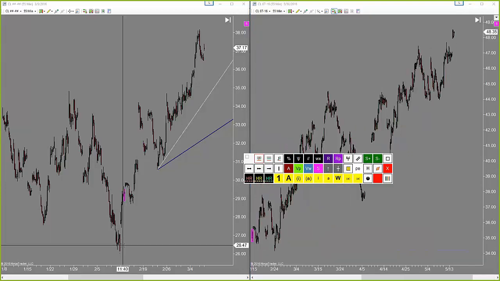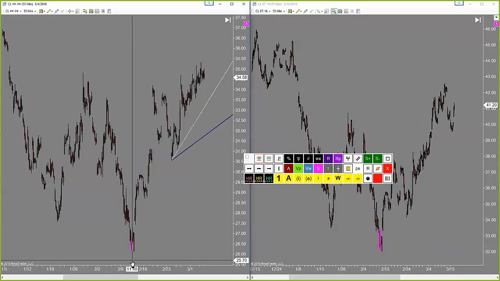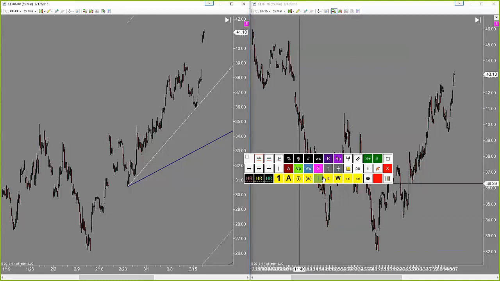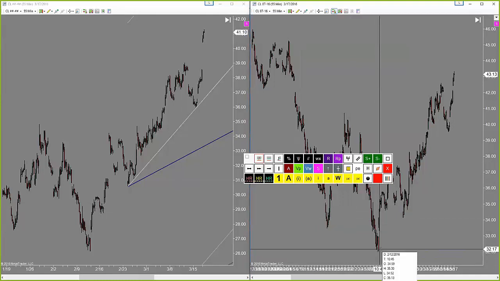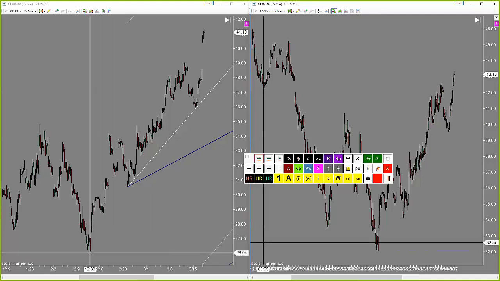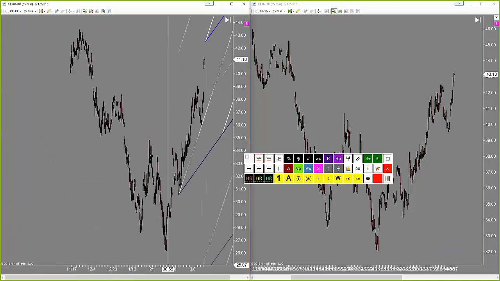All right, so now, see, you've got the low there at 3202. The low here is at 2614. So you see the high right here?